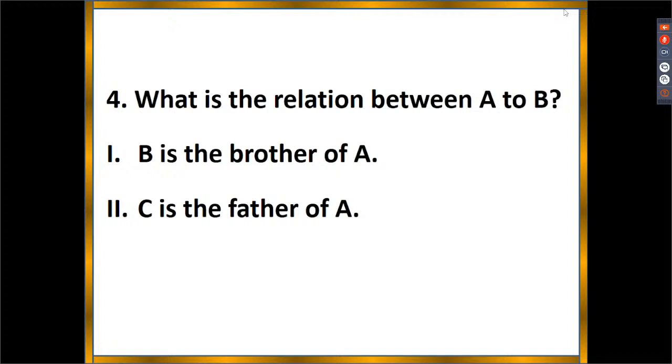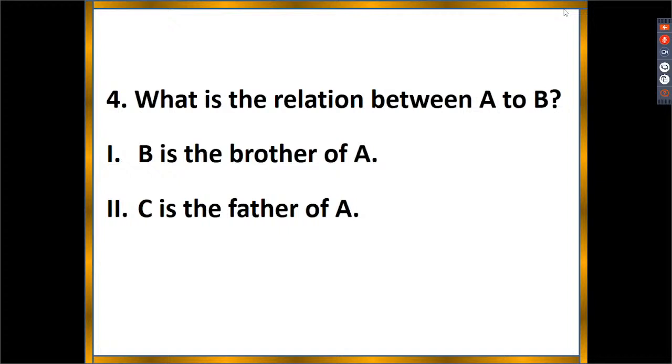Okay. So statement 1, B is the brother of A. That is the relation from B to A. So what about A to B? A is not necessarily the brother. We can't say from A to B because, for example, if I am the brother of yourself, you may be male or female.